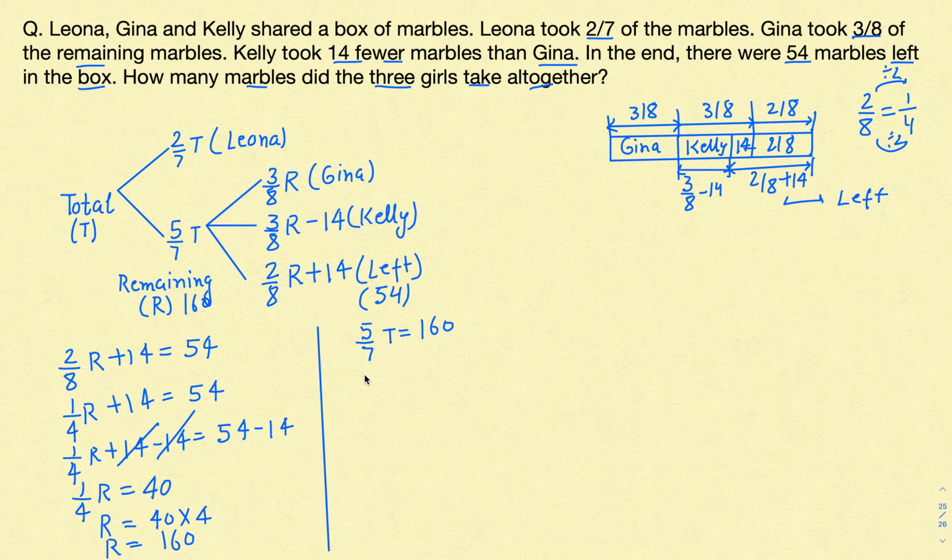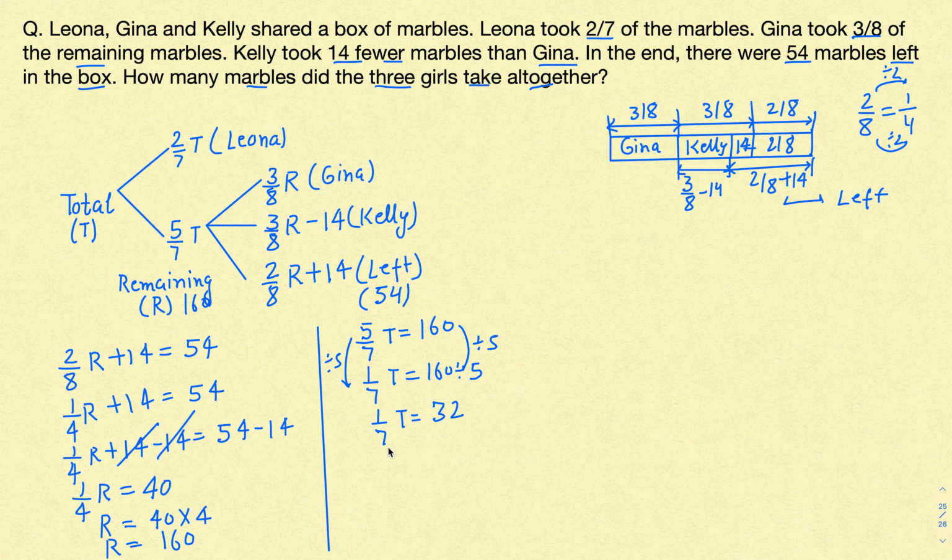So how much will be 1 by 7 of the total? Just divide both sides by 5. 160 divided by 5 will give you 32.